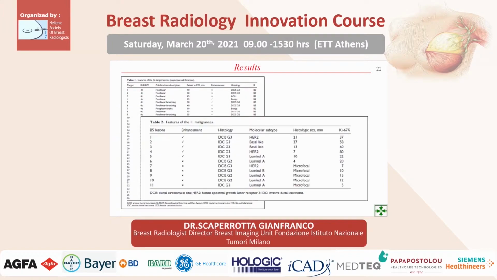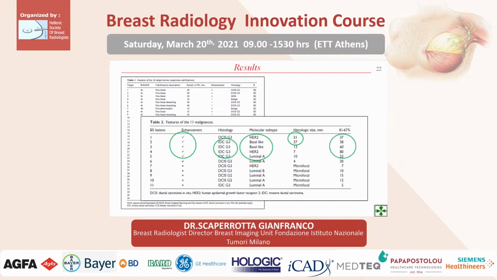result. It's very important to understand that in 36 lesions, we have 11 cases of cancer. And so the lesion with enhancement has dimension greater than 5 millimeter, Ki-67 over 20%, and were predominantly invasive tumor with HER2 subtype of basal-like.